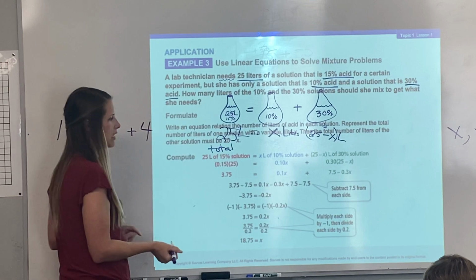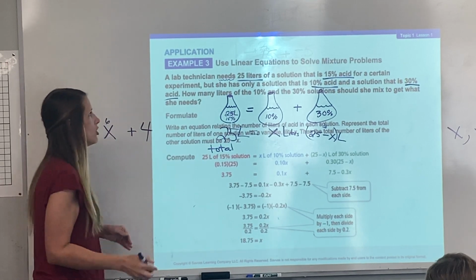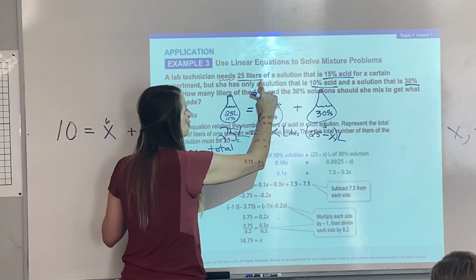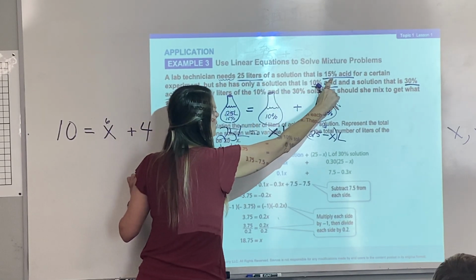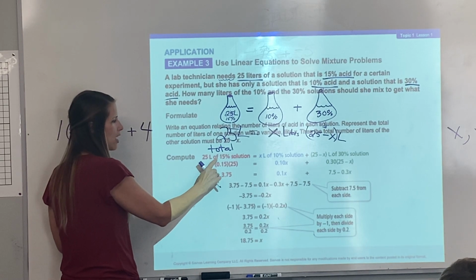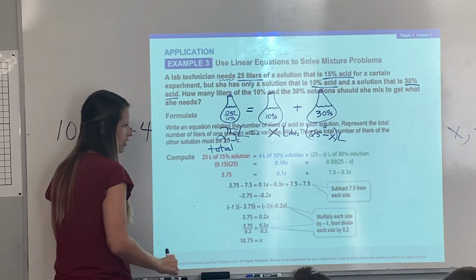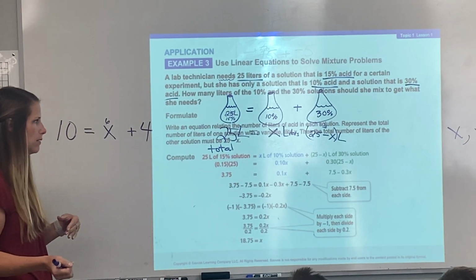She needs 25 liters. So 25 liters of what? 25 liters of something that's 15% acid. So 25 liters of a 15% acid solution. That's just writing it out in words.